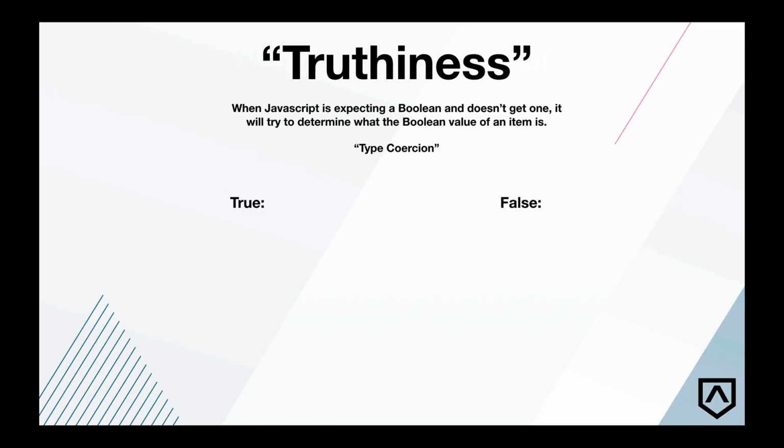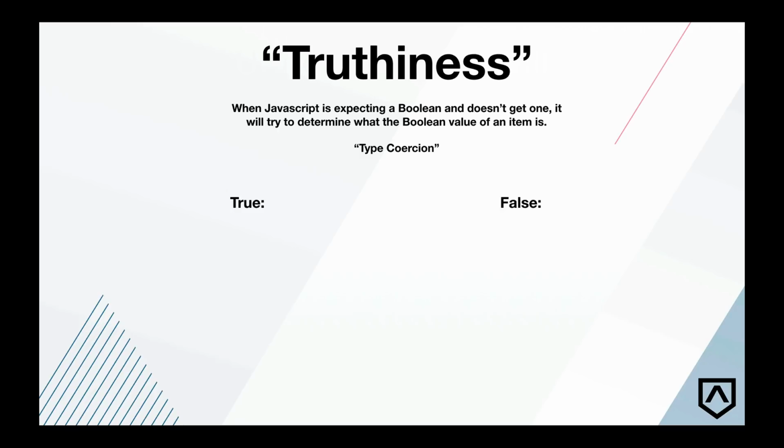The second thing we're going to talk about is truthiness. So remember when I first introduced Booleans, I said that Booleans are pretty simple at first, right? They're true or false. That's all they are. But they can get a little bit more complex. And they're going to get a little bit more complex in this lesson and in the next one.